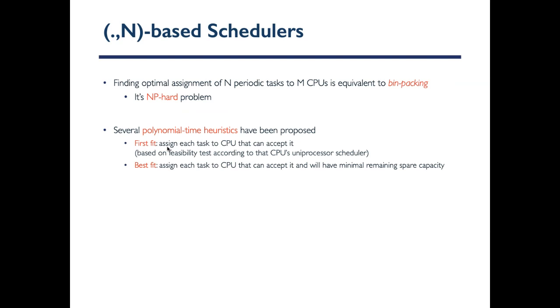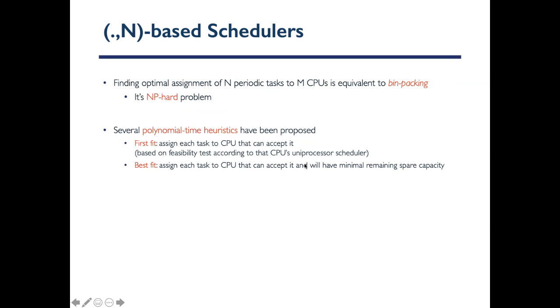And then you can assign your task to the best CPU in terms of whatever metric you have. Or the first one that fits. So the first one that can accept this and still meet the deadlines, you can assign it. Or you can actually look for the best CPU, basically looking for the one with minimal remaining capacity.